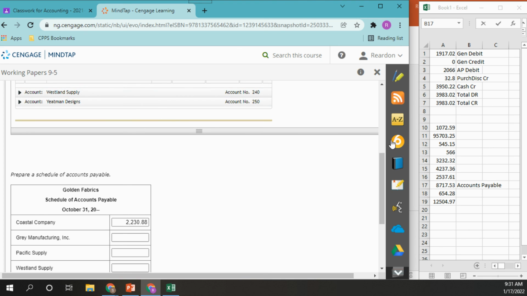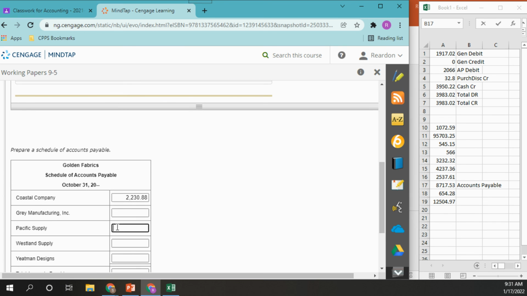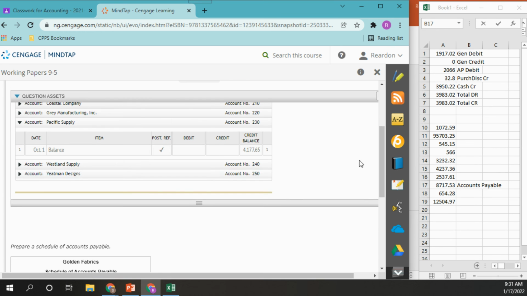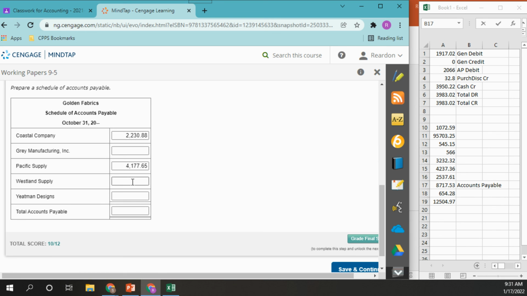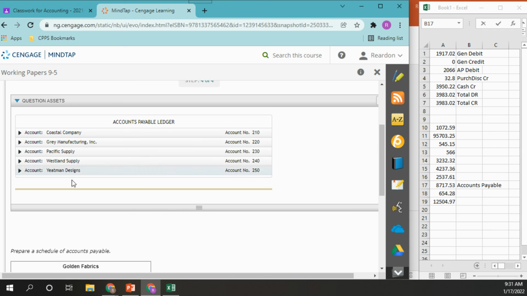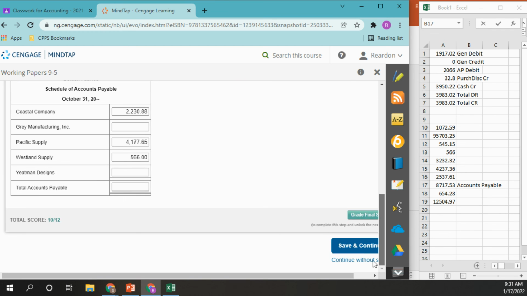Pacific Supply, they have a balance of 4177.65. Westland Supply, balance of 566. And Yeatman Designs, vendor number 250, 1743.